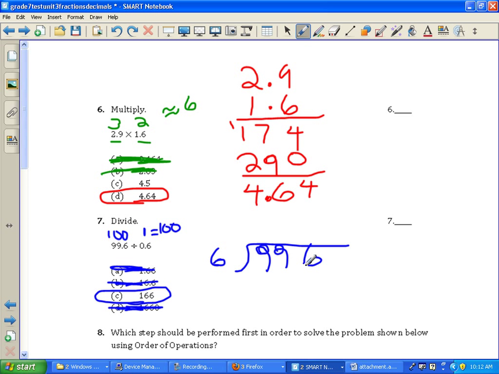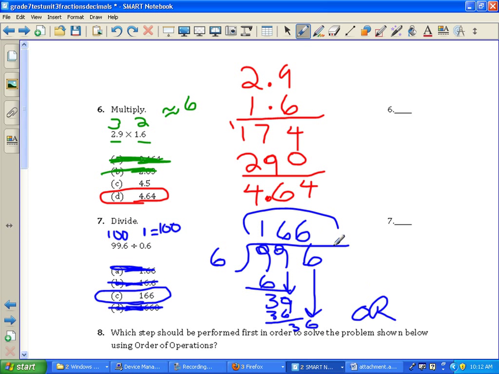And then it's just a simple division problem. 6 goes into 9 once, 3 left over. Bring down your 9. 6 goes into 39. Well, 6 sixes are 36. And we've got 3 left over. Bring down your 6. 6 times 6 is 36. And we're going to have 0 remainder left over. So our answer is 166.